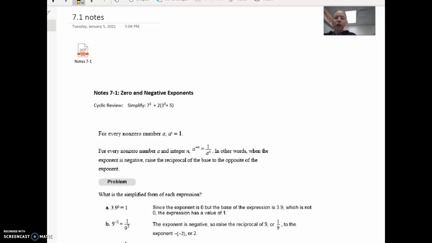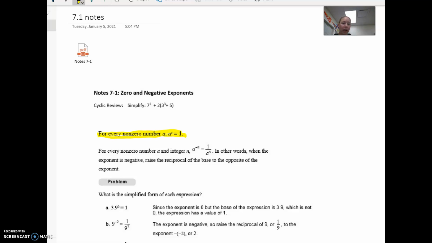So we have here, for every non-zero number, that first basic property to remember with exponents, and you may have already learned this previously: anytime you have a number to the zero power, it is always going to equal 1. So that's a general property that always is true. It doesn't matter what the value is. If it's to the zero power, it's always going to equal 1, okay?